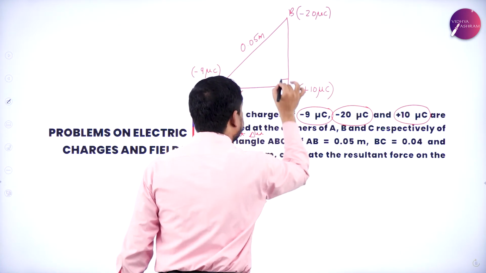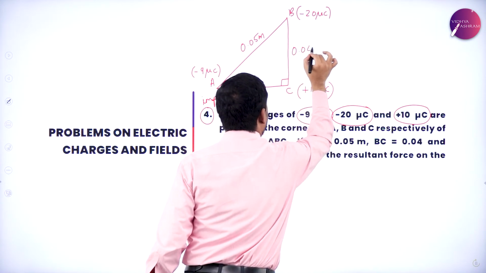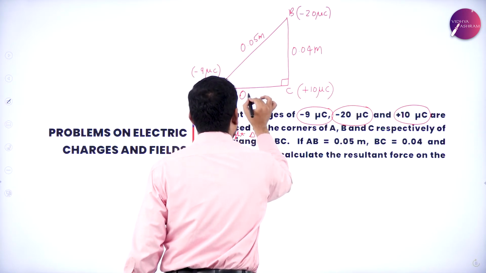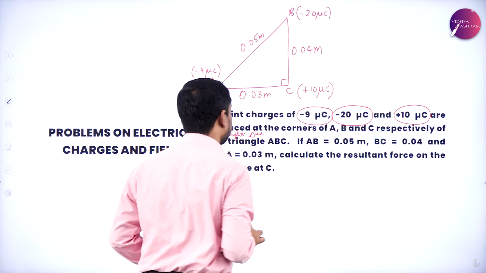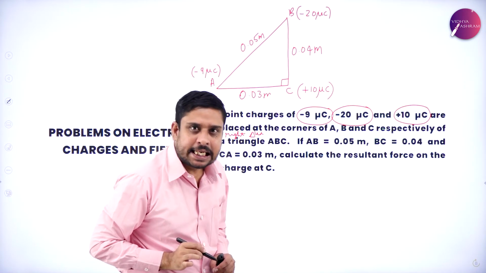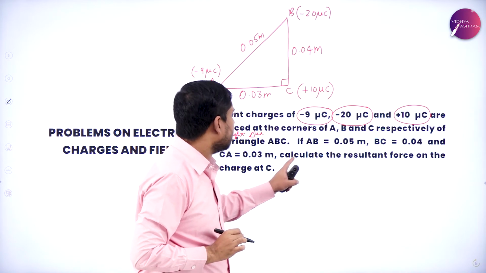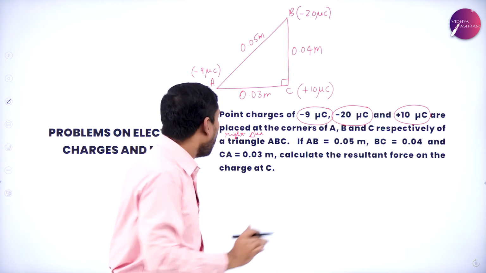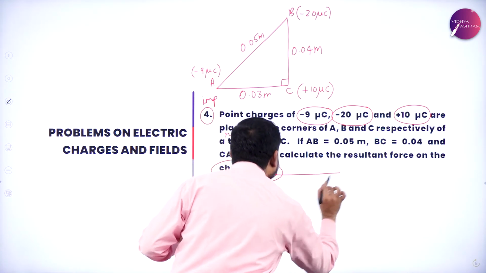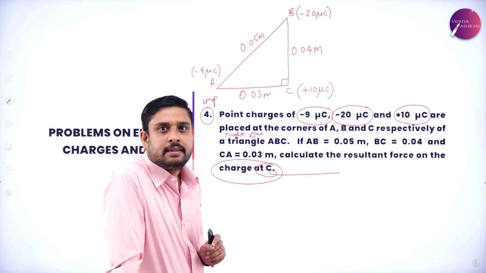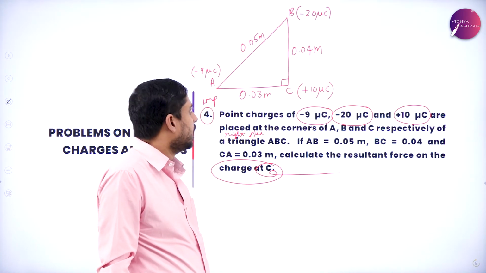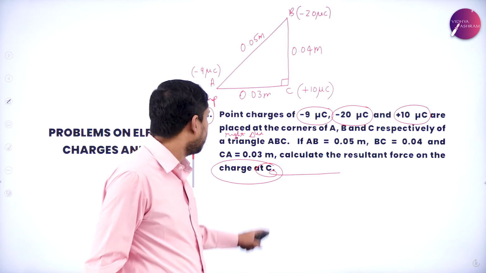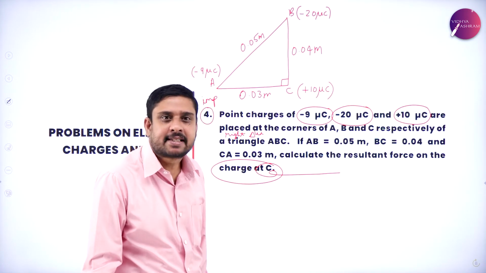BC is 0.04 meter. And CA is 0.03 meter. Calculate the resultant force and the direction on the charge at C. The magnitude of the resultant force and the direction at the charge at C.